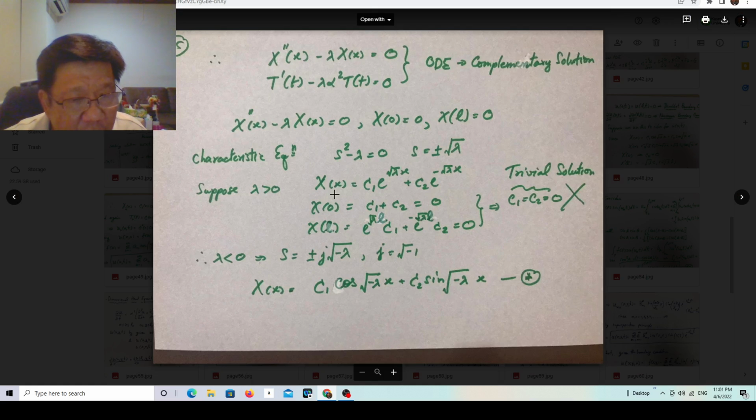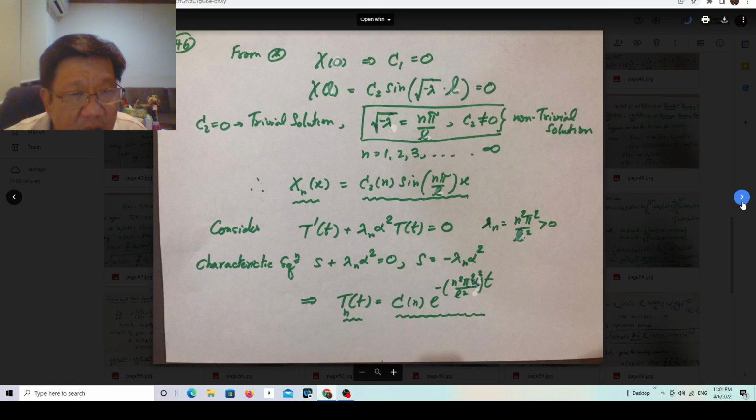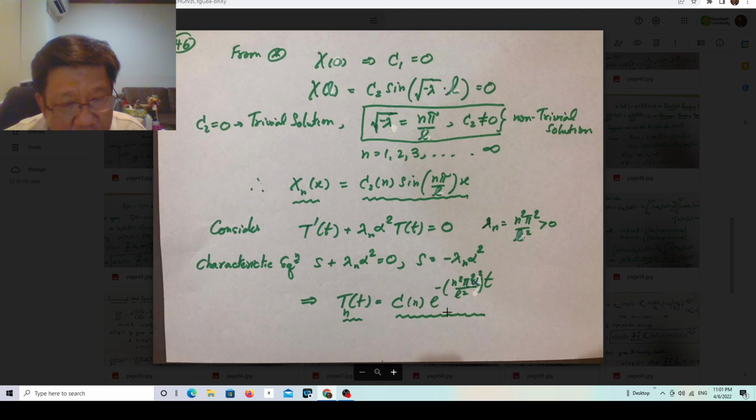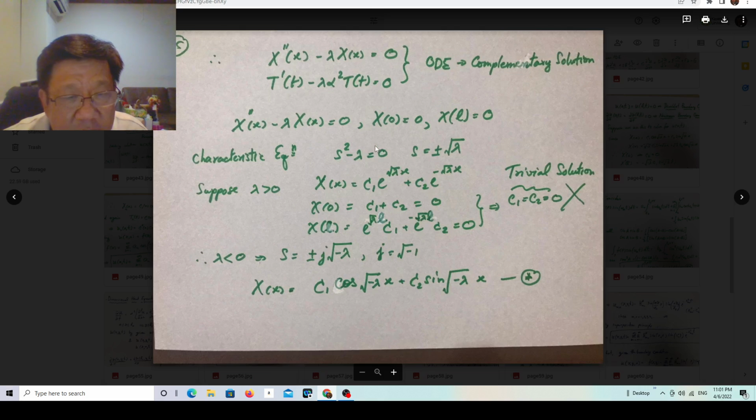X of x with the boundary condition: we end up with some constant, depending on the n value, that satisfies the boundary condition, and then a sine term. And for t, when x is in this form, y is also in a similar form, and t also, just with a difference in the exponent because of the coefficient multiplying the corresponding ordinary differential equation.